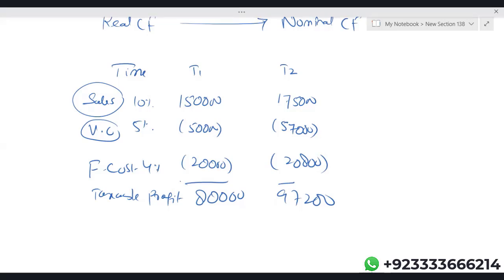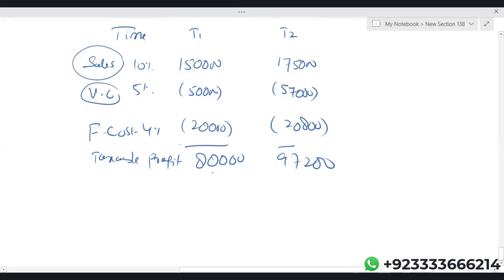We have seen how to convert real cash flows to nominal. Now you will be converting nominal to real. How do we do that? Simply, these taxable profits are nominal cash flows. I will divide them by 1 plus inflation rate, which is general inflation. I'm assuming general inflation is 6%. So 1.06; here it will be 1.06 power 2 for the second year. If there's a third year, I'll take 1.06 power 3.